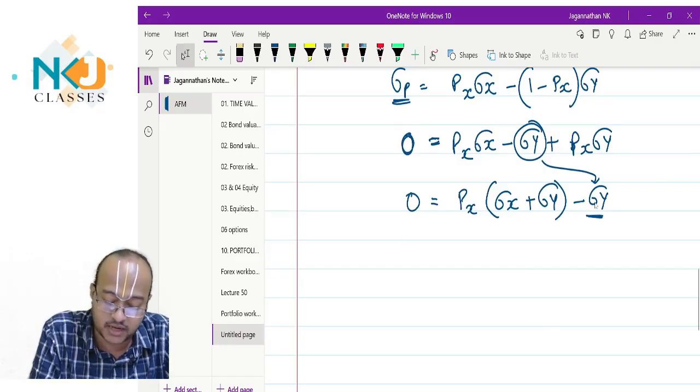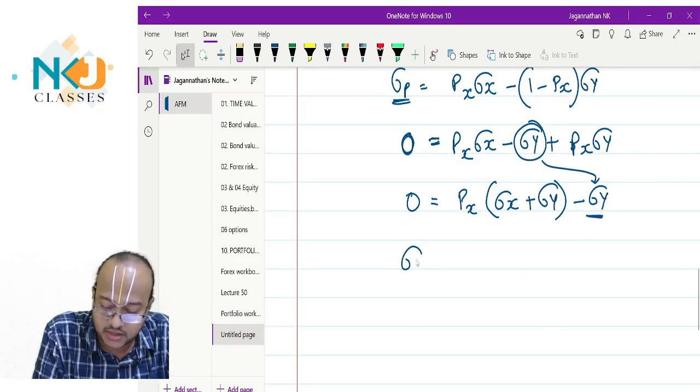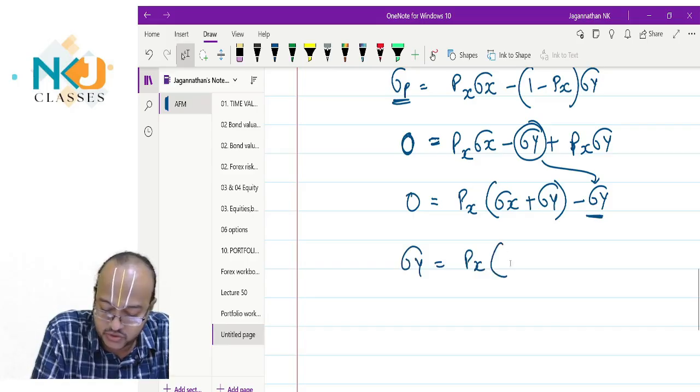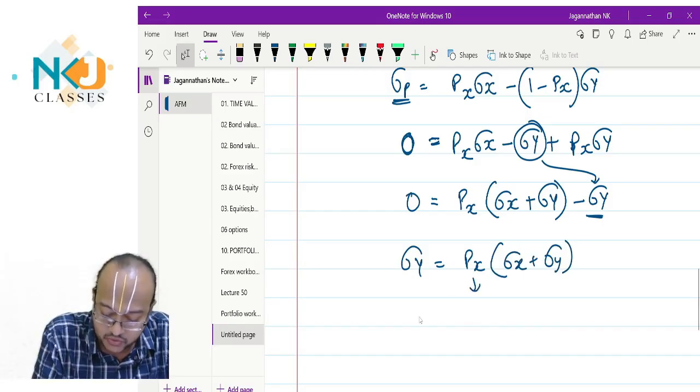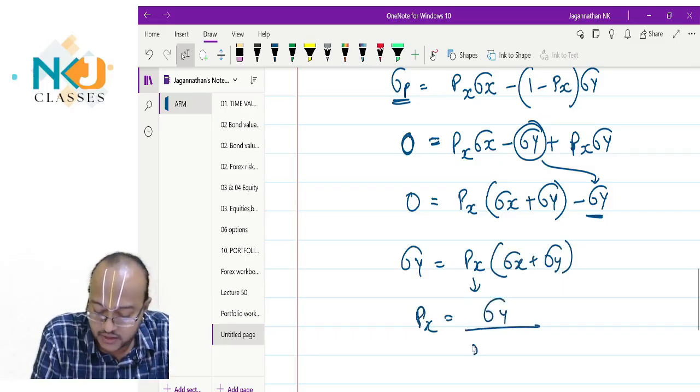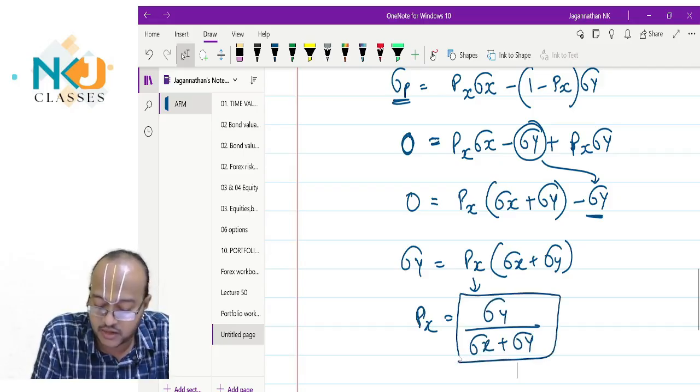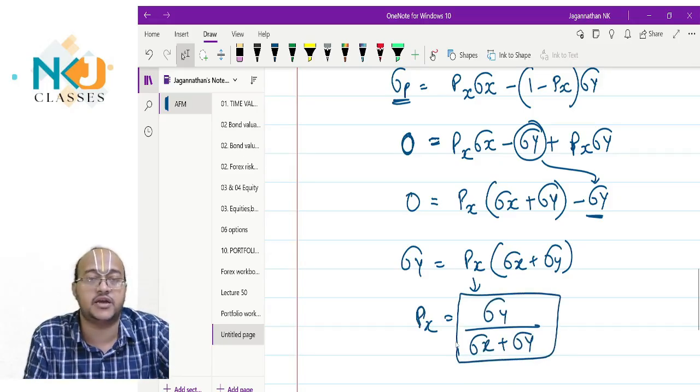This sigma y we can bring there. Sigma y is equal to px, proportion of x, into (sigma x plus sigma y). Understanding? So proportion of x is equal to sigma y divided by (sigma x plus sigma y). This is how you get the minimum variance portfolio.